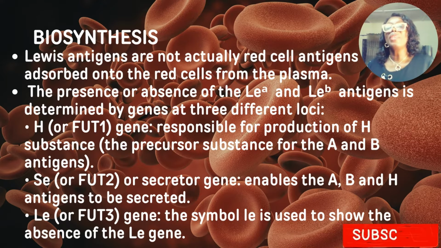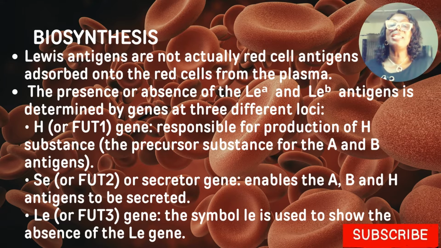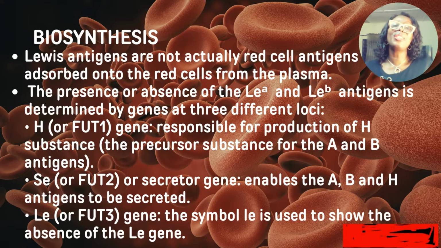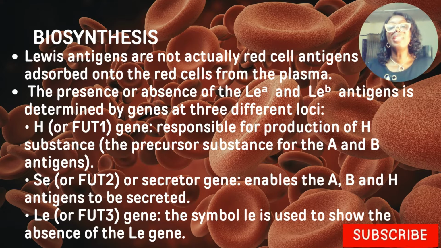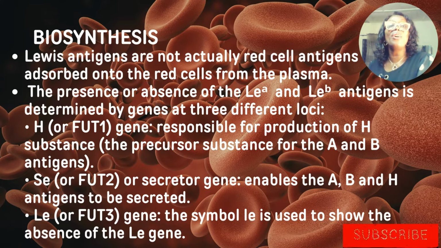And that is, number one, the main H gene, which is the FUT1 gene, fucosyltransferase 1 gene, which is responsible for the production of H substance on the surface of red blood cells and also on the surface of other tissues and organs of the body.